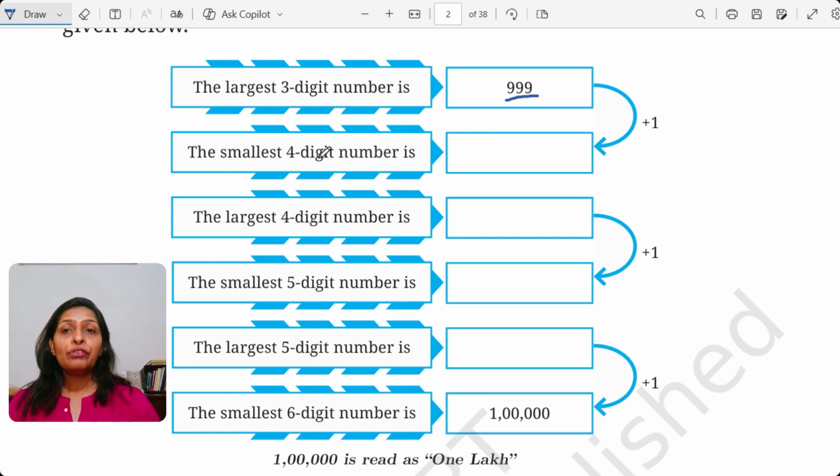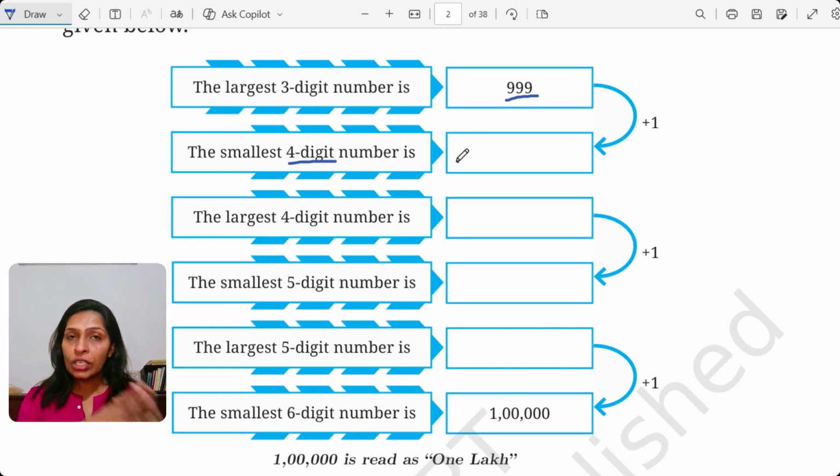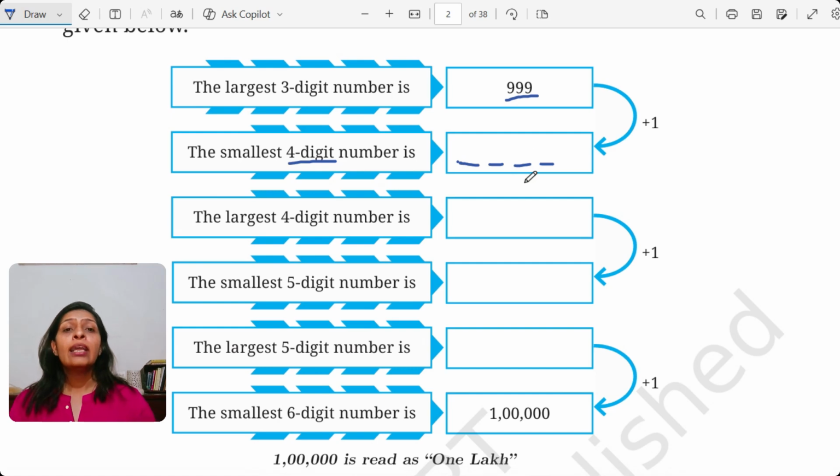For the next condition, we have to write the smallest four digit number. Two things we have to remember: it has to have four digits, so we quickly make four spaces, and it is the smallest four digit number. As I told you, the smallest is 0, so we put a 0 here, and then 0 again.